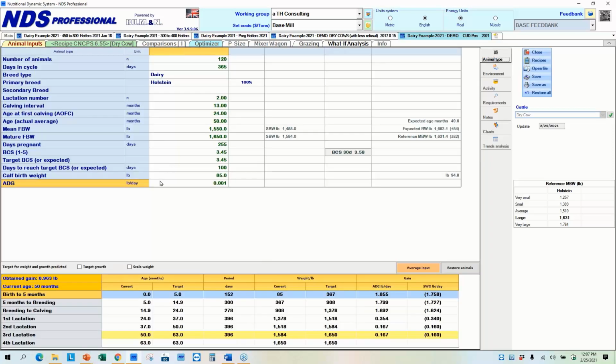But again, if we look at animal type, I just have a problem putting it at 000, so it's some small amount. There's my calf weight. Again, we are here and here as far as body condition, days carried calf, information above here. Clicking this on will auto fill this for the growth.